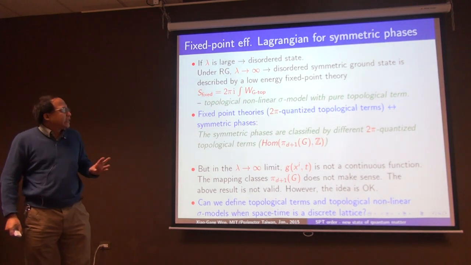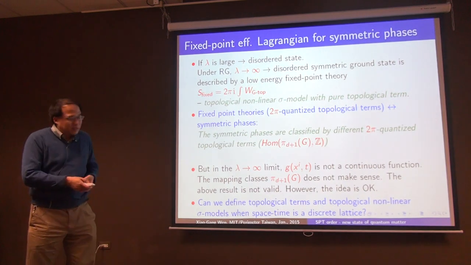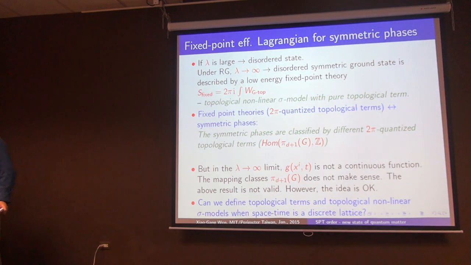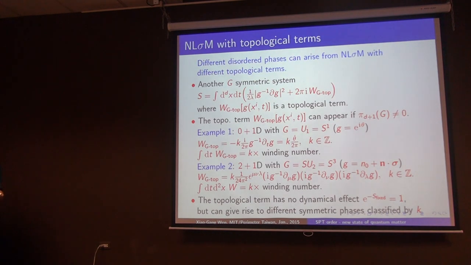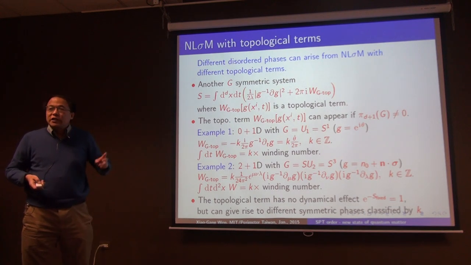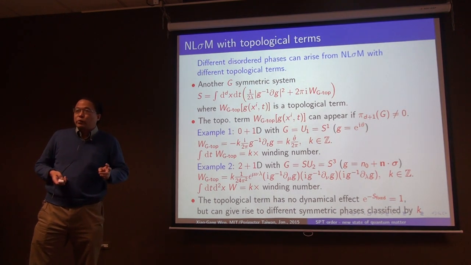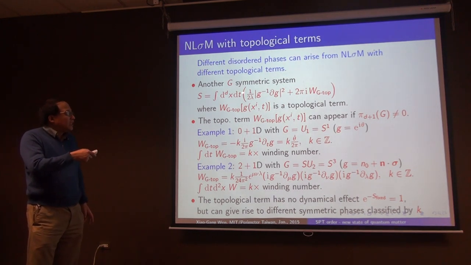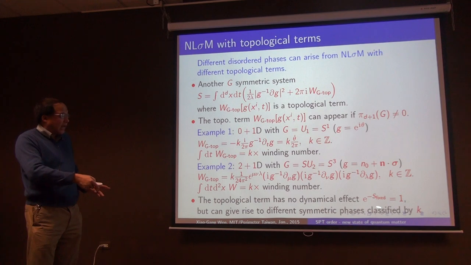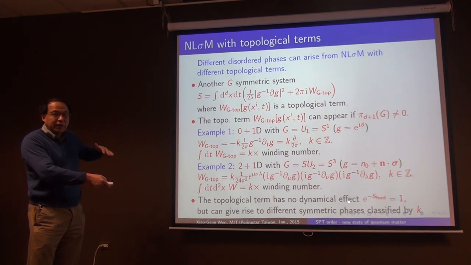If you're careful, you will see that there's no i here, and there's an i here. So this is really the imaginary time path integral. The dynamical term is real, so when you compute this action amplitude, it is suppressed.